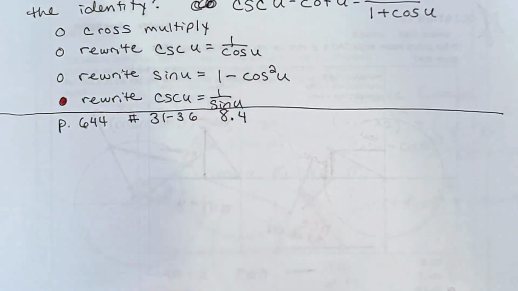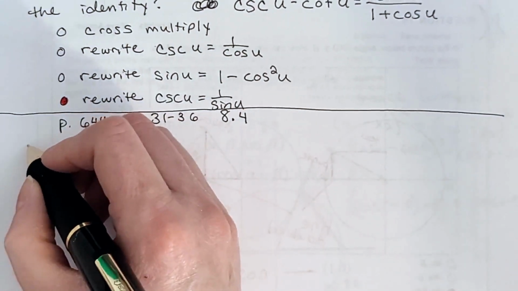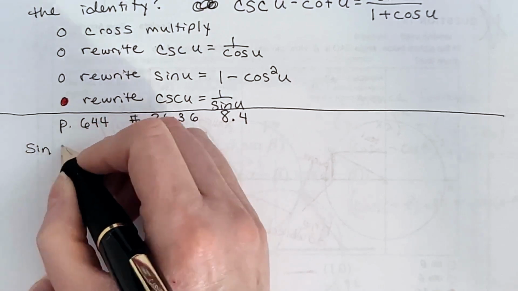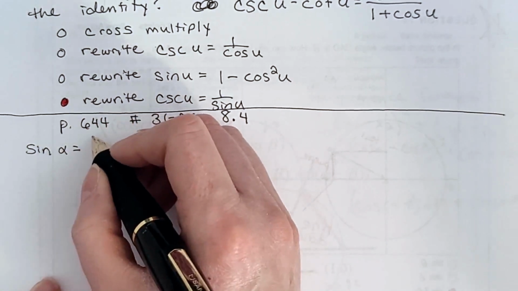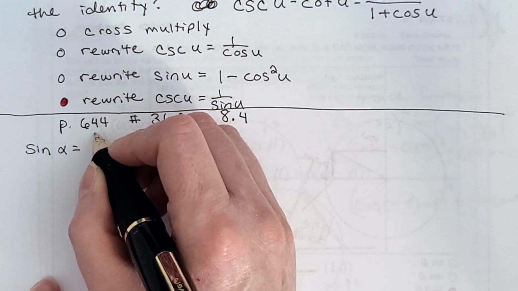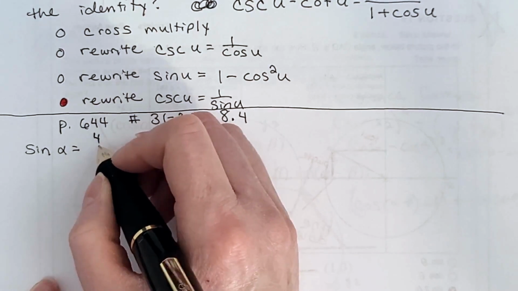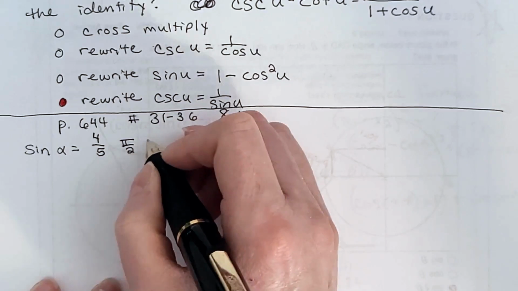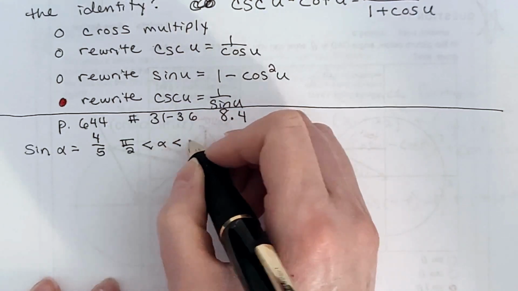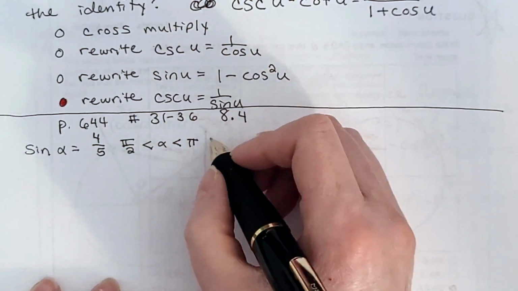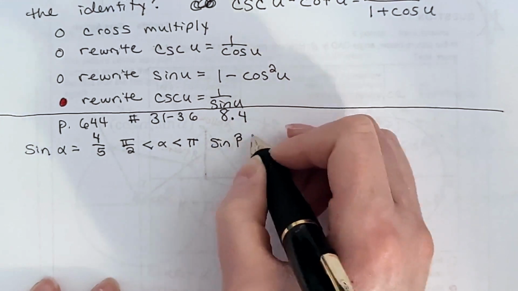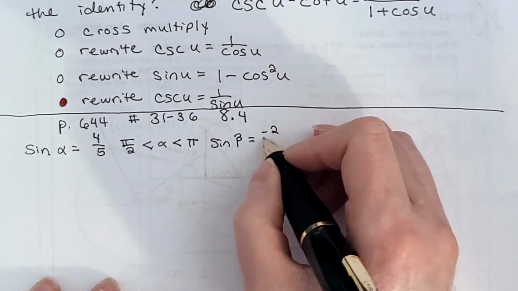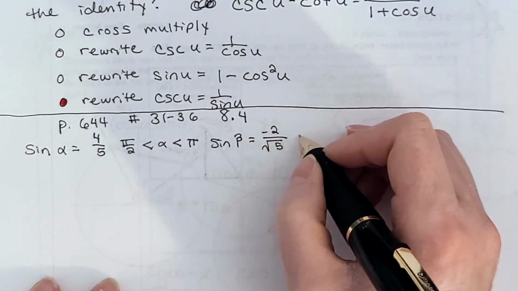All right, so here's a problem that they might ask you. Sine of alpha is 4/5, where alpha is between pi over 2 and pi. And then sine of beta is -2/5.